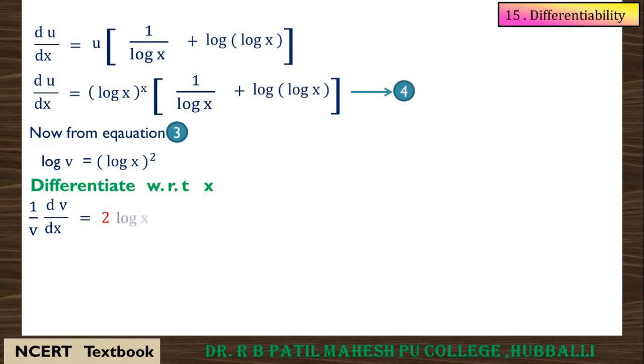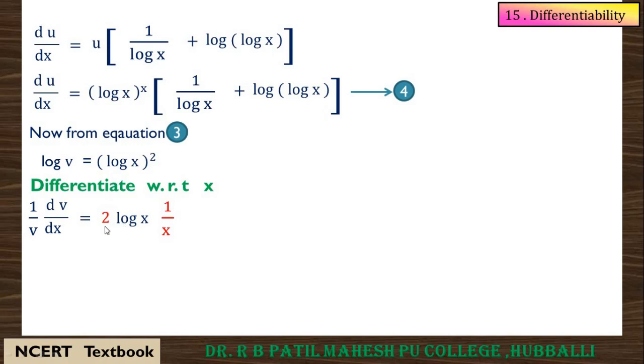I follow the same thing: 2 into the function log x, and after that the log x derivative, that is 1 by x, composite form. In place of x we have log x. I hope you understood how the derivative is written. Following the composite of x square, the x square derivative is 2x.